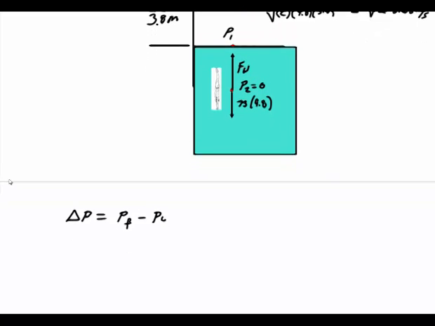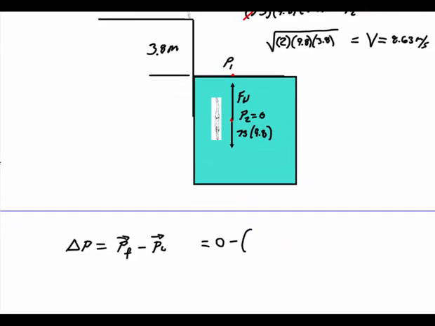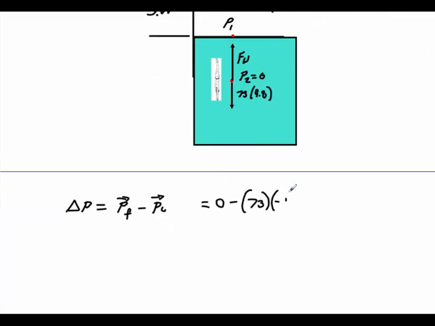The final momentum is 0. Remember, this is a vector quantity. So we set that up as 0 minus the momentum when I enter the water, which is the mass of the individual, 73, times minus the velocity, which we said was 8.63.